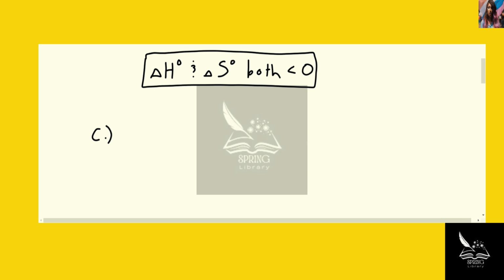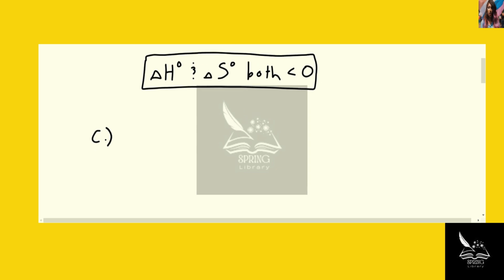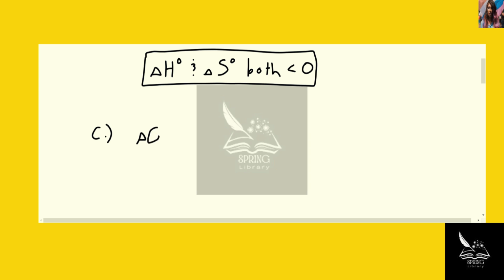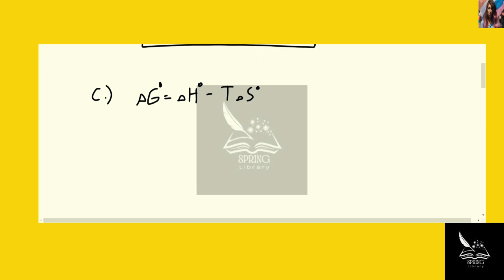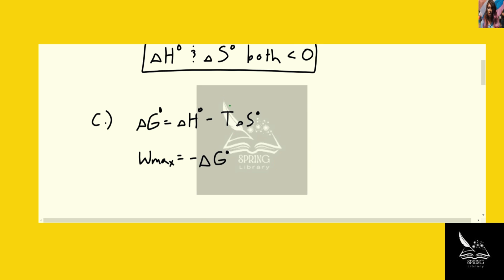And now in part C, we want to determine, as we increase the temperature, do we increase or decrease the maximum amount of work that we can obtain from the fuel cell? Well, again, if we consider delta G equals delta H at standard conditions minus T delta S, and we know that the maximum obtainable work is equal to the negative of delta G, and we are increasing the temperature.